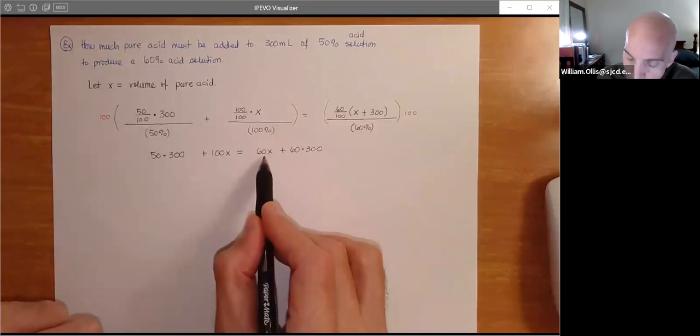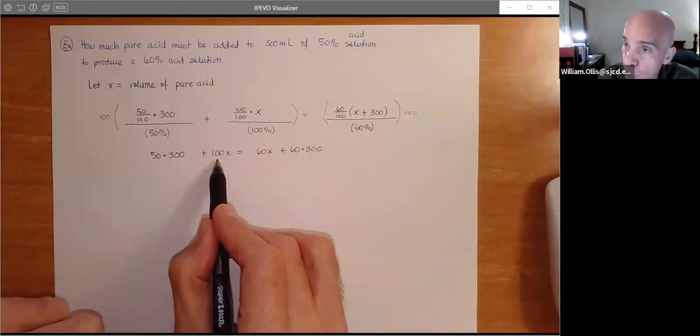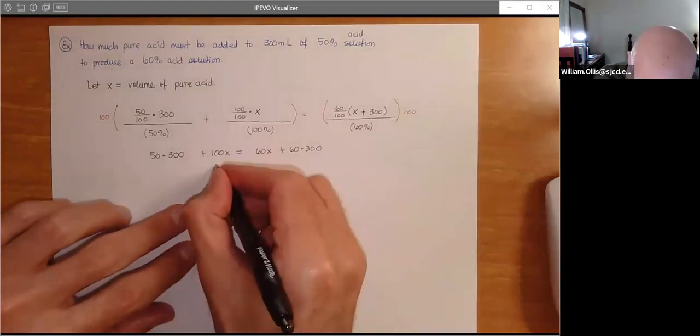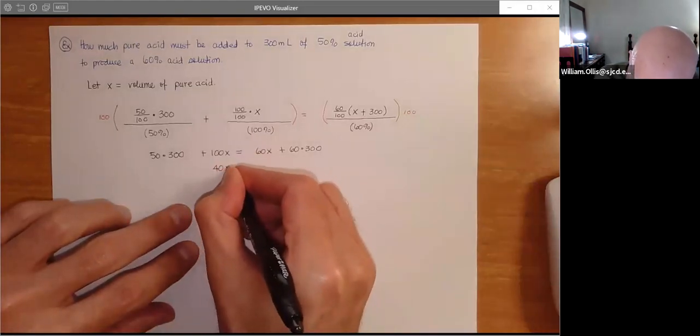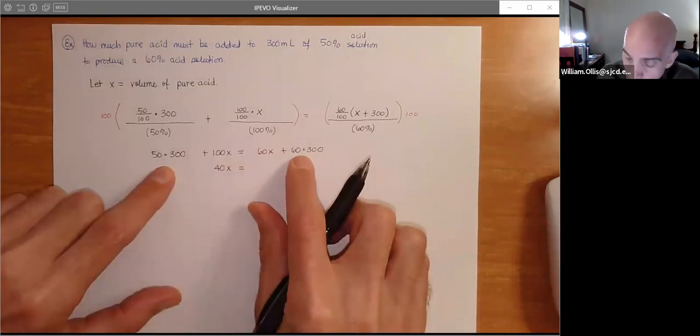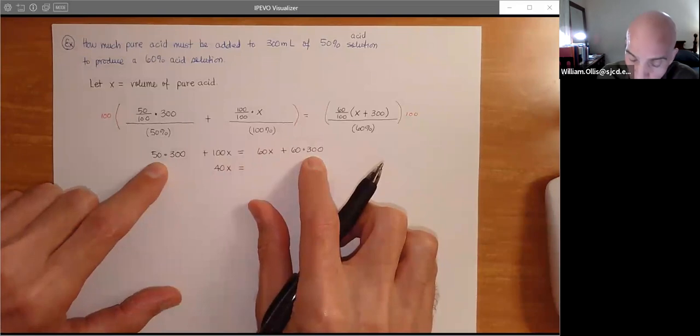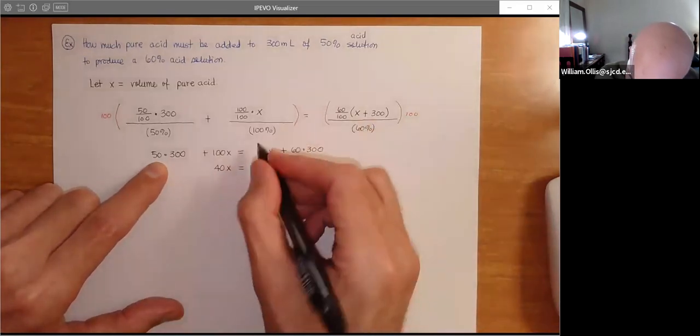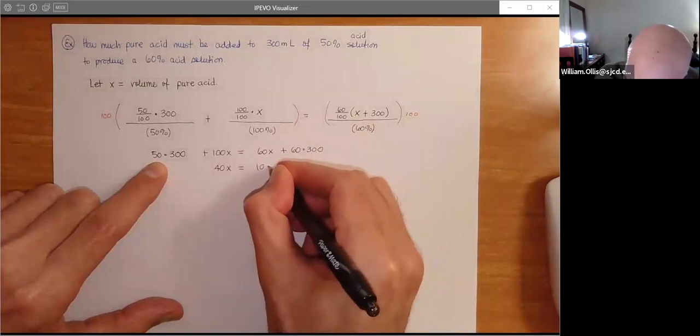So now we'll say, well, we have 60 copies of X that we subtract from 100 copies of X. That leaves us 40 copies of X. Again, very simple arithmetic. And notice here, from the 60 copies of 300, we subtract 50 copies of 300. So that leaves us 10 copies of 300.